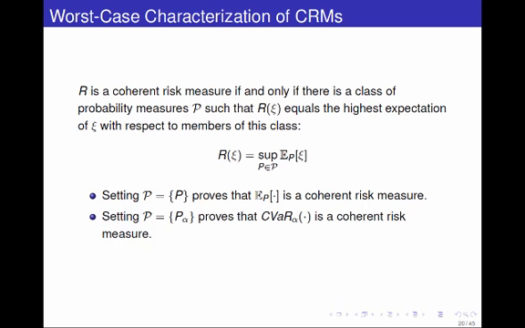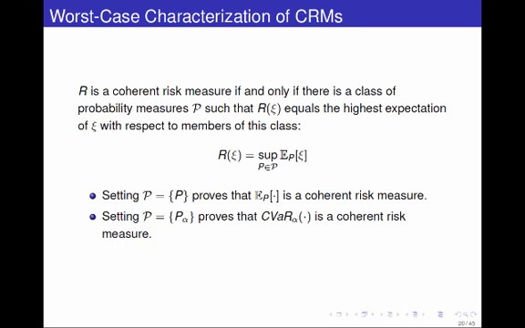Is expectation over some probability distribution P a coherent risk measure? One way to confirm that is to go through the four properties and confirm that they are satisfied. The other way to confirm it is, here's my scoring rule.